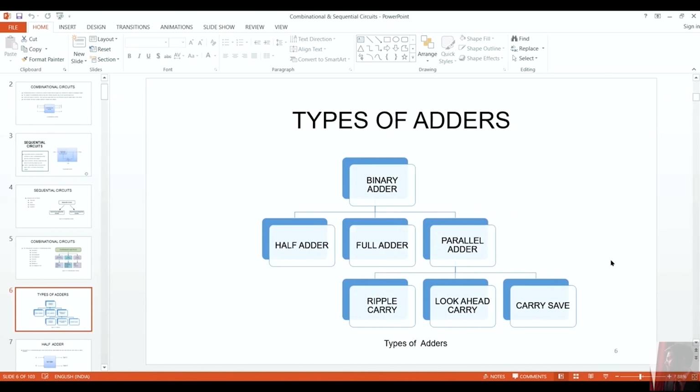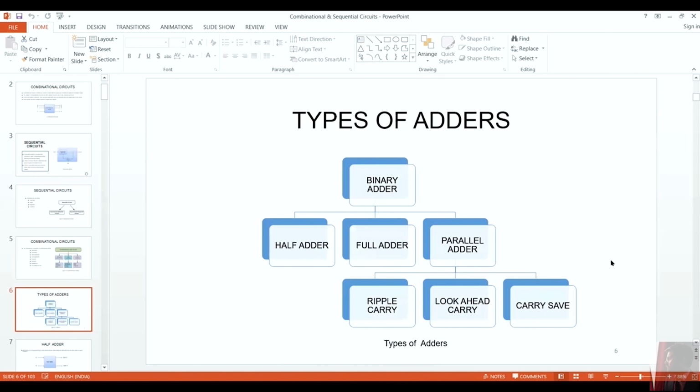When I talk about combinational circuits, the first point we were discussing is adders. Because we are dealing with digital electronics, we are having a binary adder. This binary adder can be a half adder, a full adder, or it can be a parallel adder also. We will talk about this also, because when we talk about parallel adder, we are talking about look ahead carry. As you know very well, I also discussed some of the concepts in the previous lecture, in which I was talking about the full adder dealing with a carry.